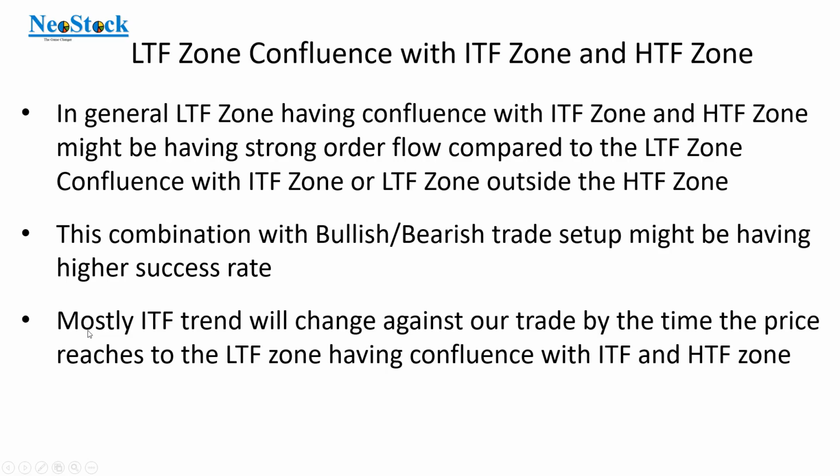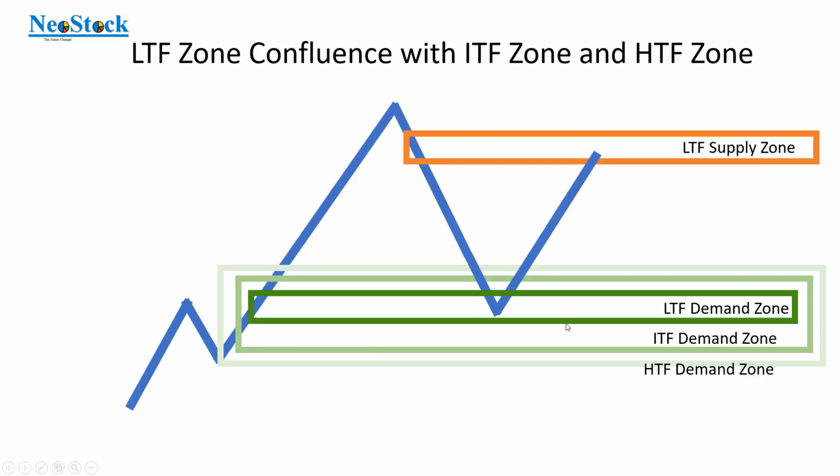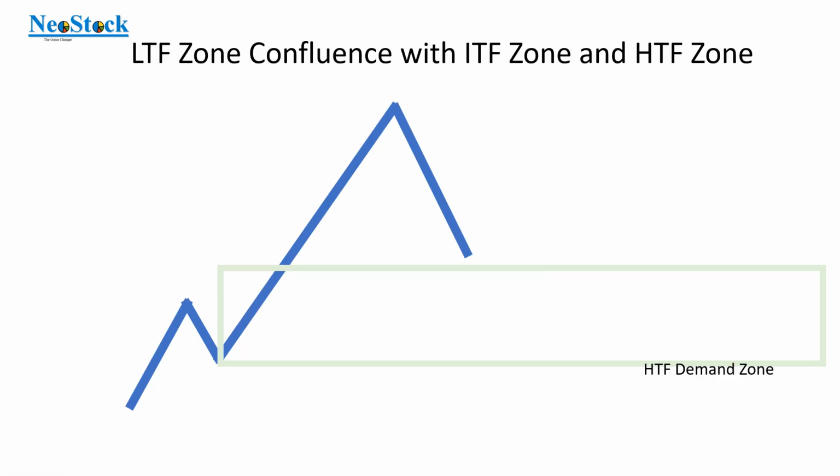The point I already explained to you: mostly ITF trend change. Maybe let me give you a detailed explanation. Sometimes what happens, prices will be reaching this HTF demand zone. For bringing clarity, for the time being, I'm showing you only the HTF demand zone.